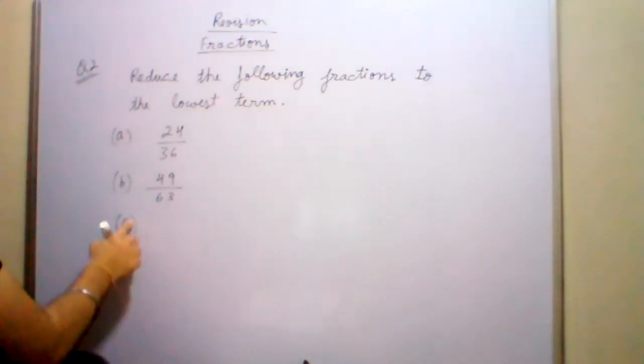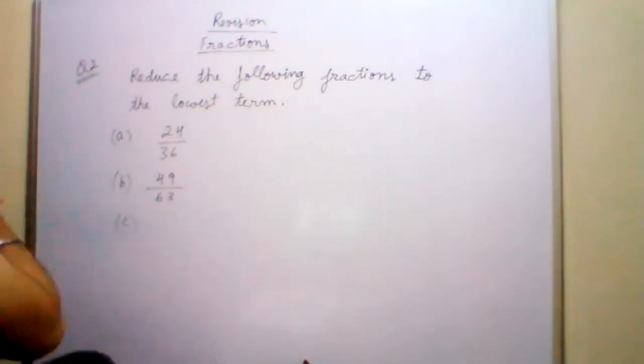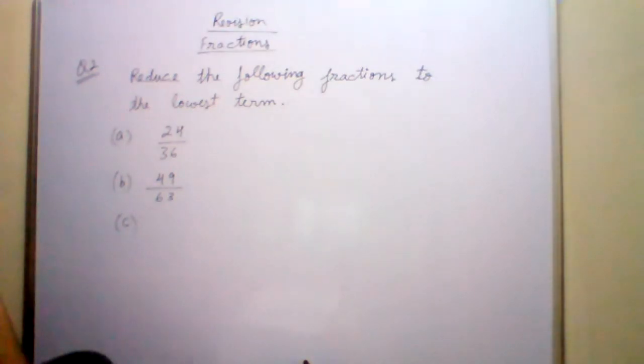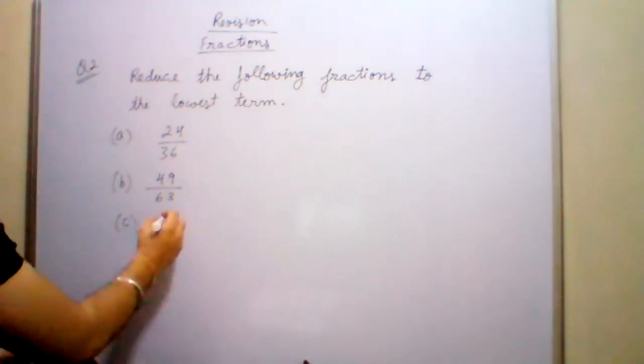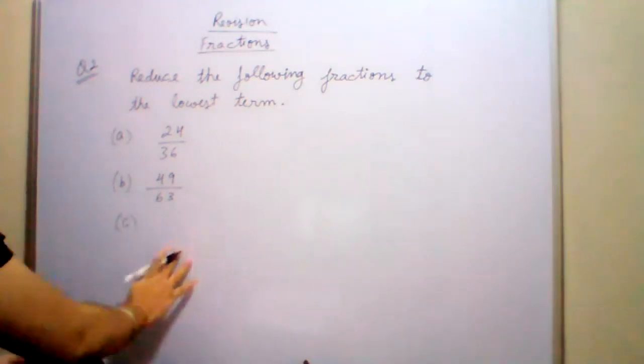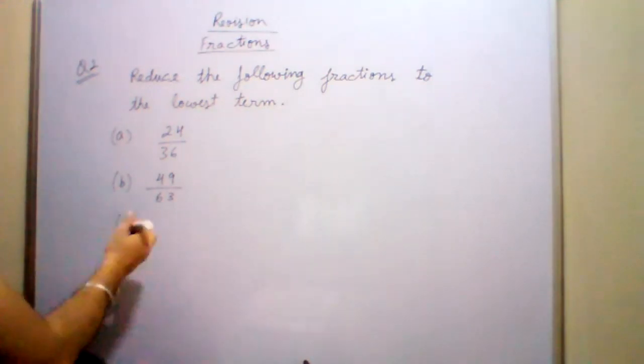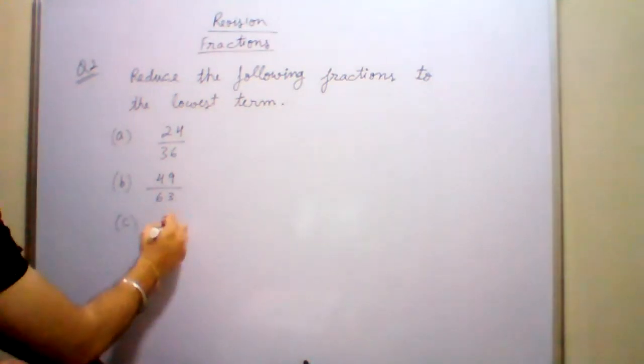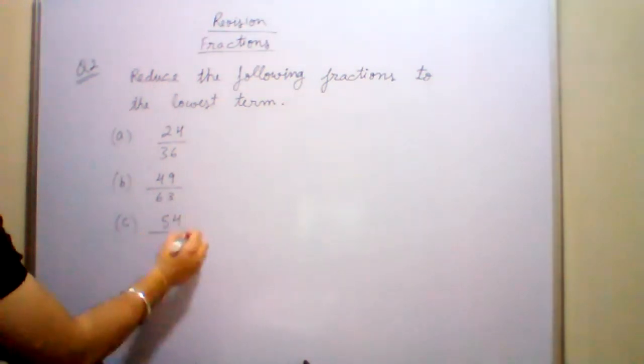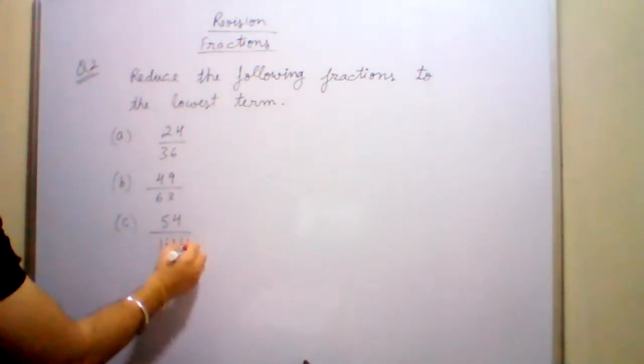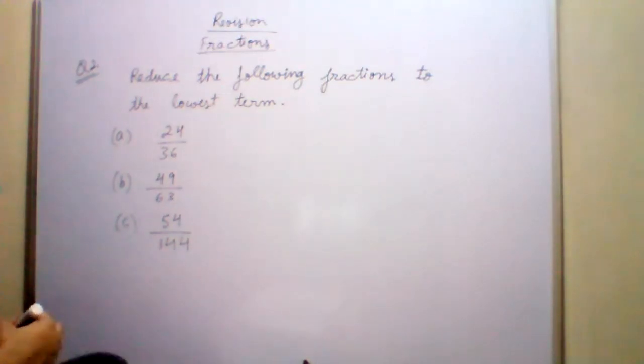Third part, 54 upon 144. These are the three parts. Start doing.